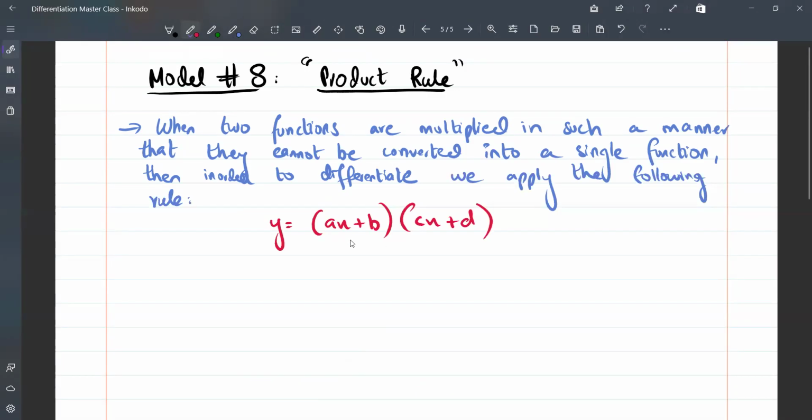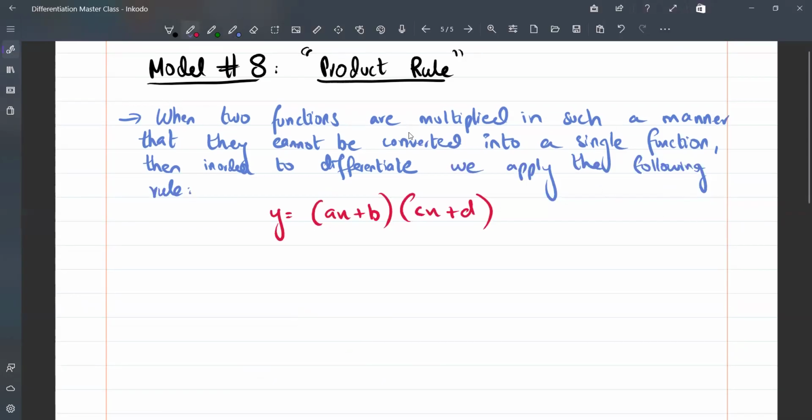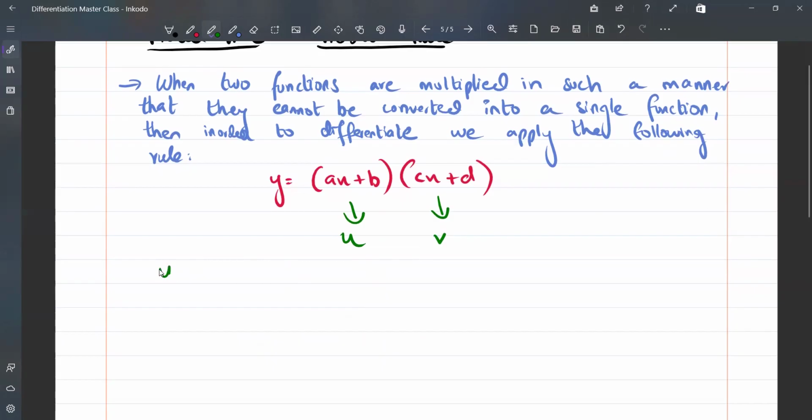So we will apply the following rule. We will take the first function as u, and the second function is v. Now u is ax plus b.